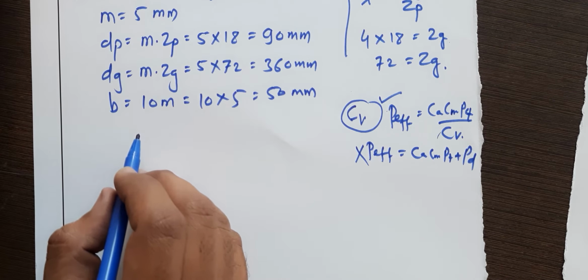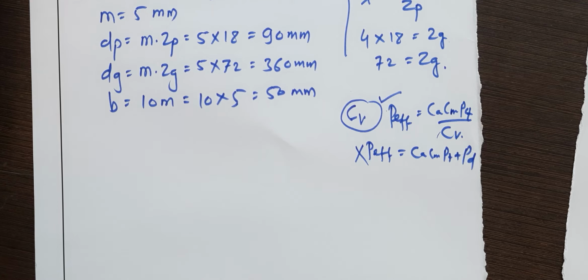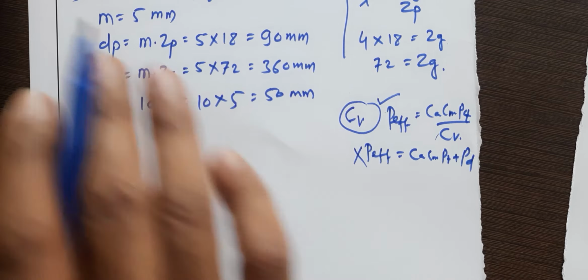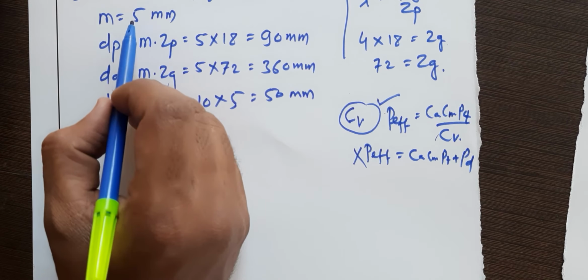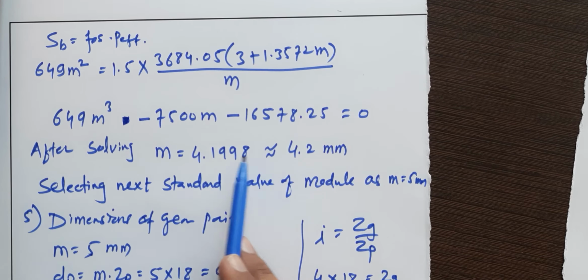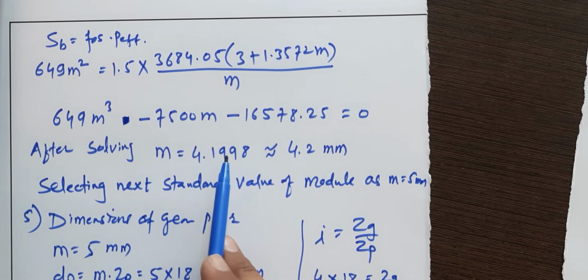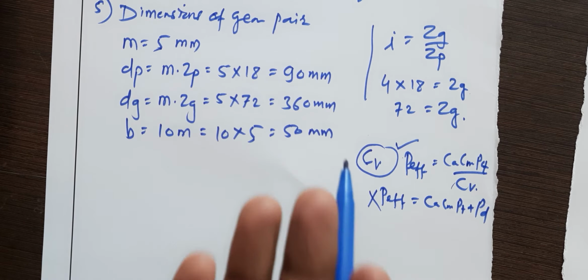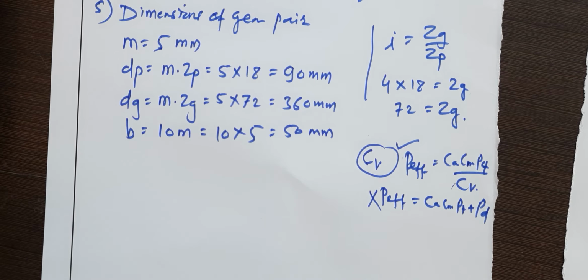Still, if you want to check whether the design is safe, or calculate the factor of safety for this current design: the module we calculated was 4.1198, which means 4.2, and we modified the module, so the gear dimensions are modified to the next values and your design will be on the safer side.